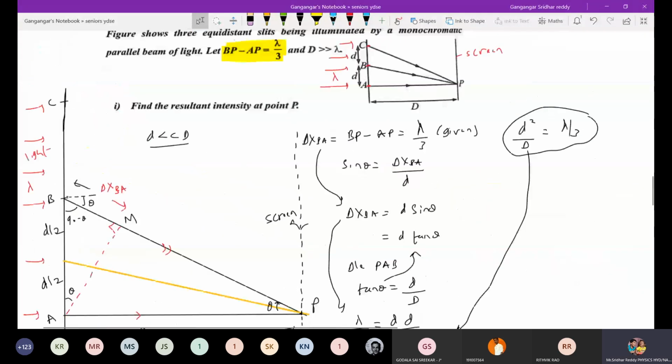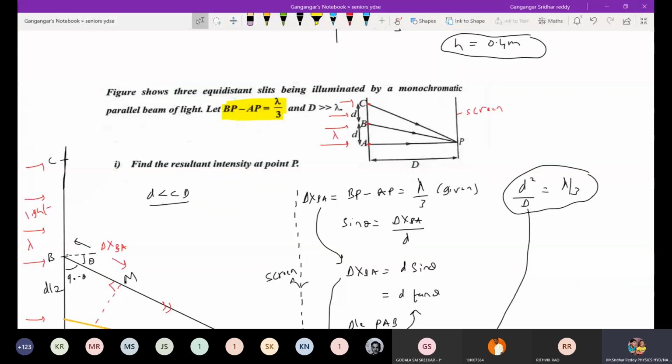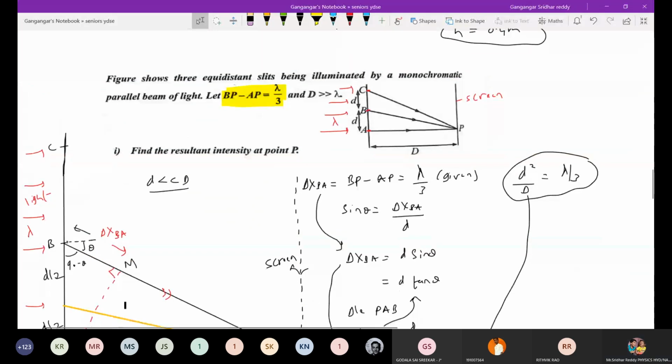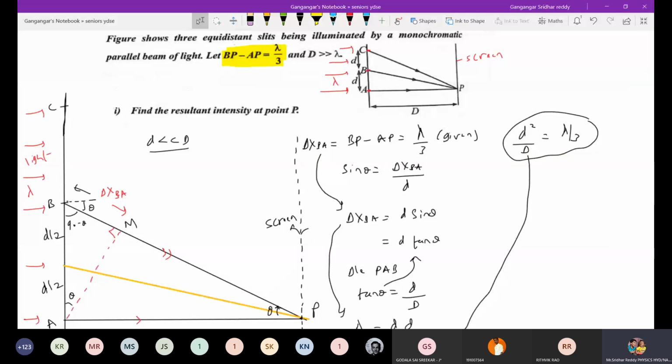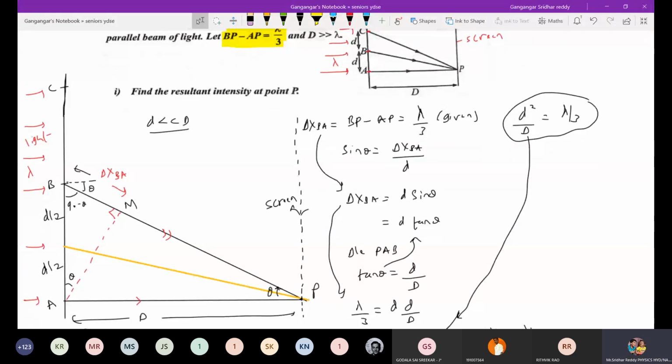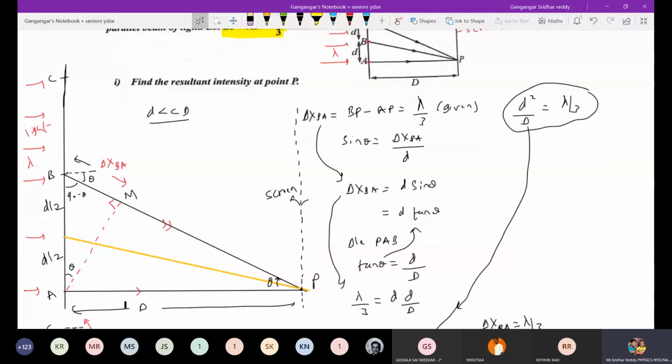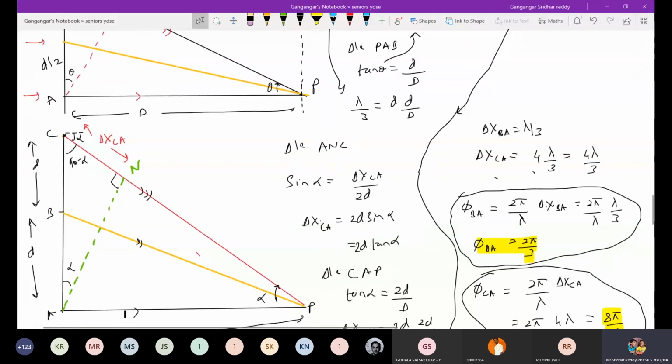I'll scroll it, for those taking screenshots on laptop. Okay, this is the first initial part of the diagram. D square by capital D we have determined. Completed this, then the next part.